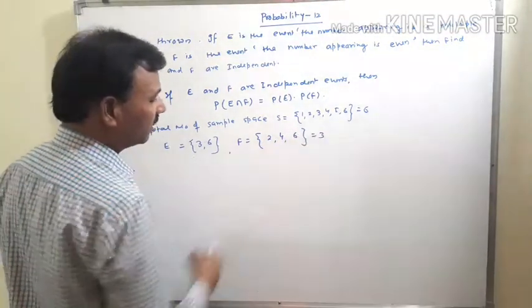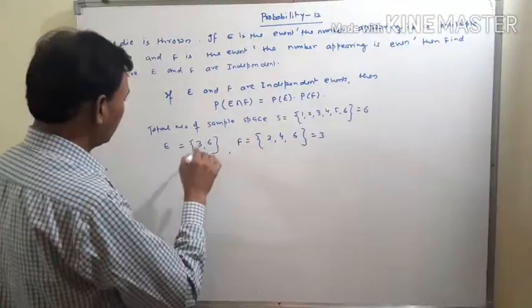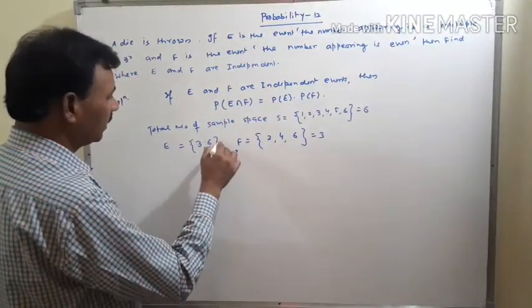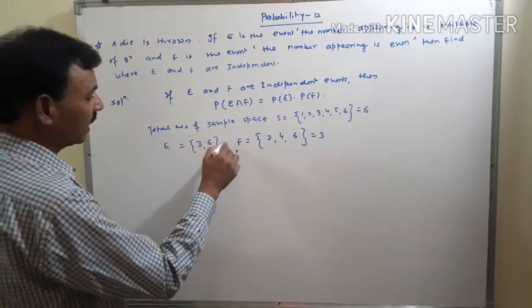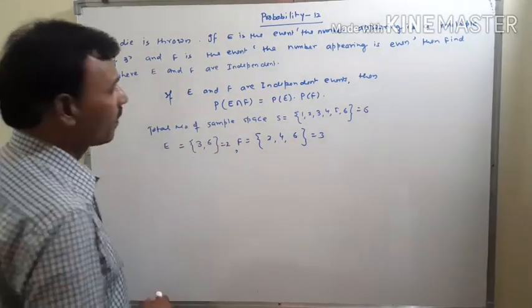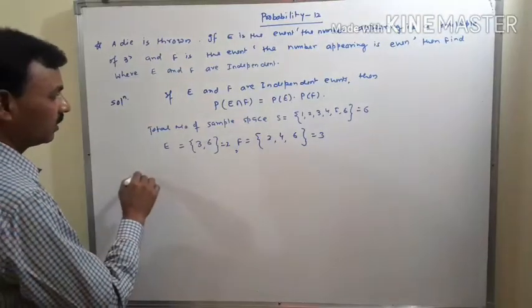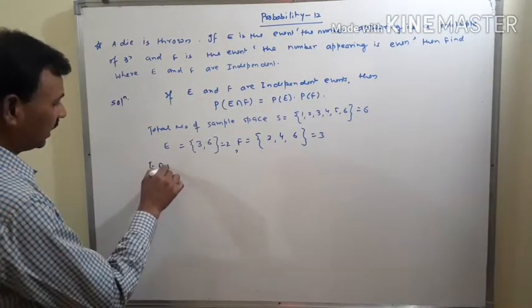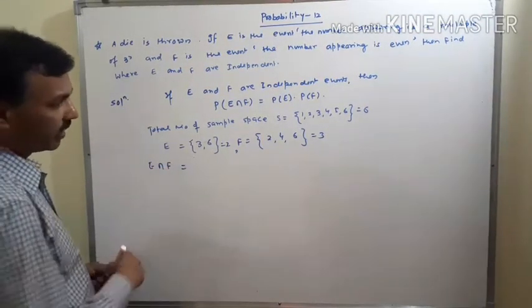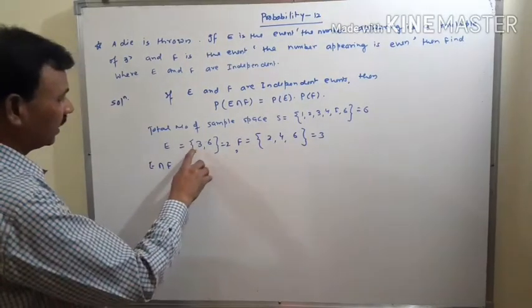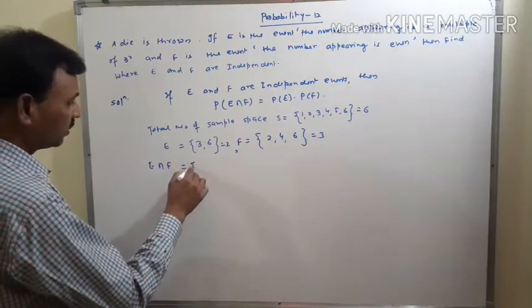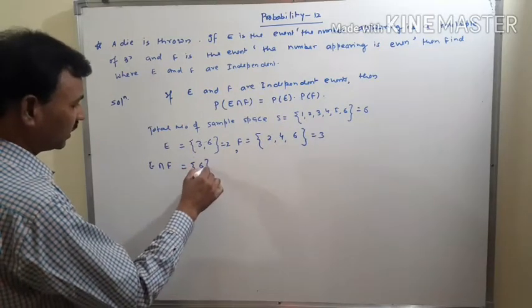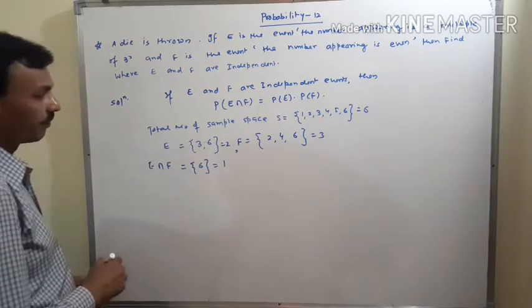That means there are 3 events, and E, the multiples of 3, has 2 events. Now E intersection F: in E and F only 6 is common, so that means only 1.